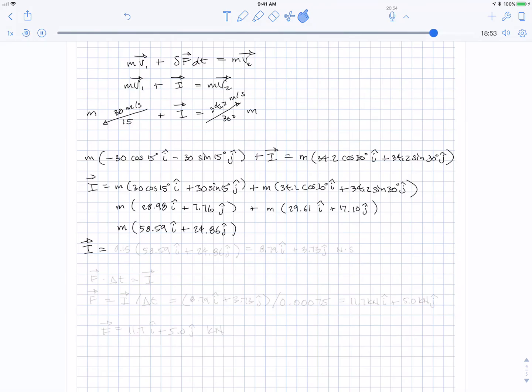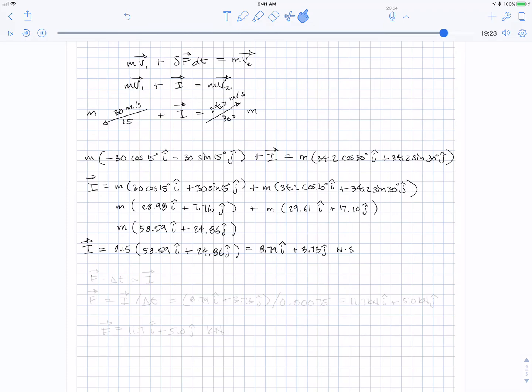I'll be right back. So I read the problem statement, and the mass of the baseball is 0.15 kilograms, and so there you go. Multiplying 0.15 times those numbers gives the final impulse of 8.79 i plus 3.73 j, and the units of impulse are newtons times second. But what they want is the force.